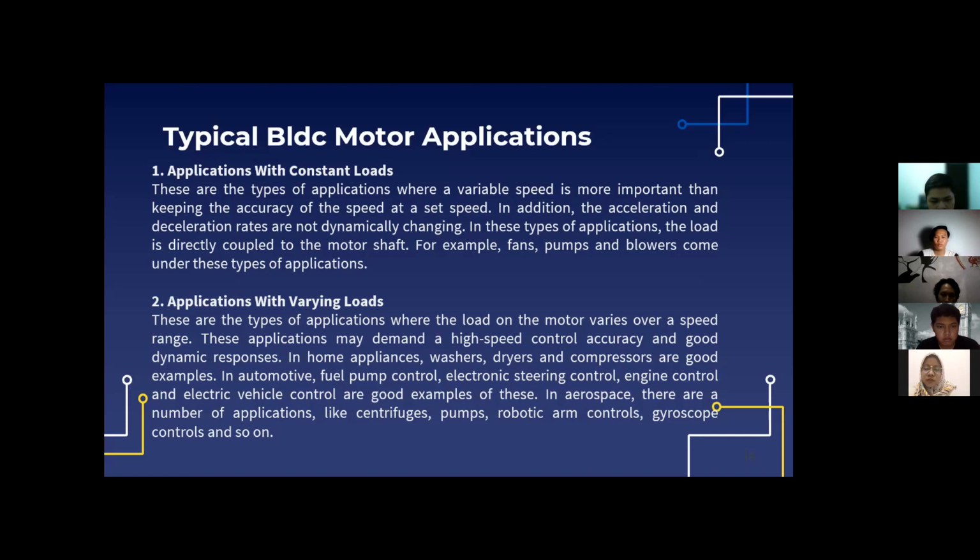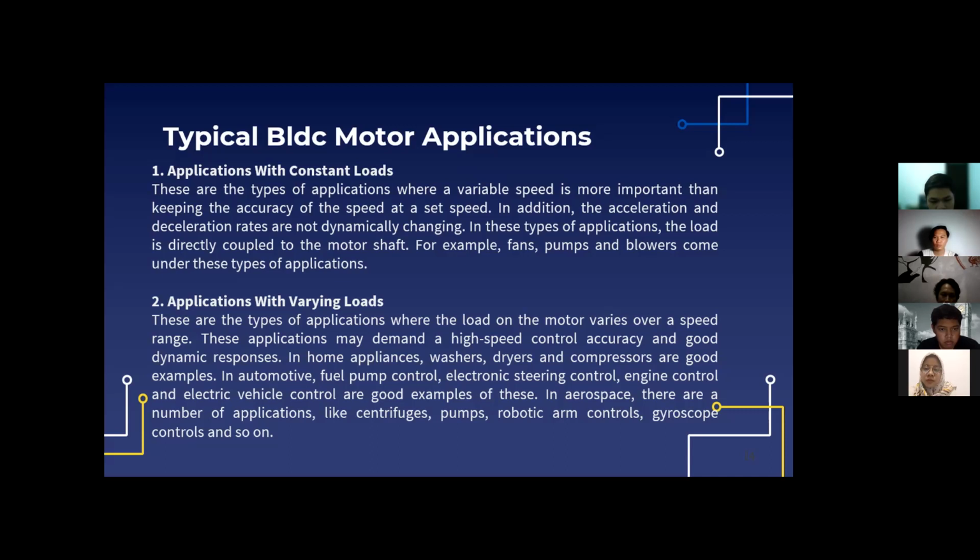Second, applications with varying loads. These are types of applications where the load on the motor varies over a speed range. This application may demand high speed control accuracy and good dynamic response. In home appliances, washers, dryers, and compressors are good examples.